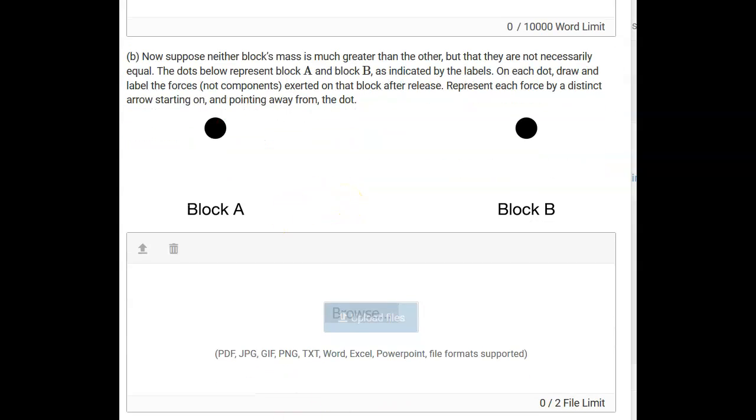And so when it comes to the diagrams, of course, B just has the force of gravity down and tension up, while A is going to have that force of tension this way, the normal force on A, and the force of gravity on A, and there is no frictional force.